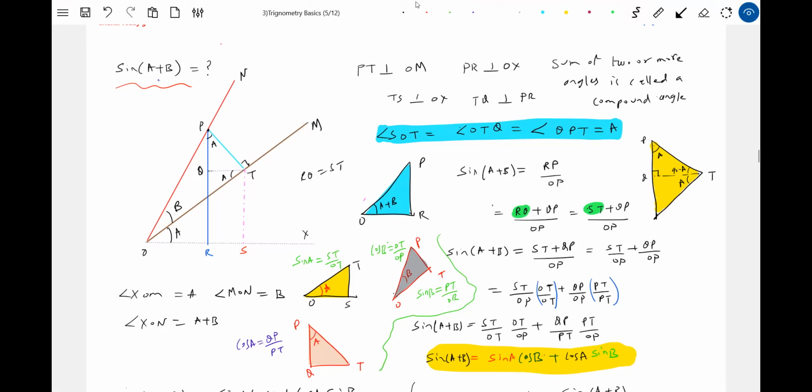Sin of A plus B is equal to sin A cos B plus cos A sin B. It is again an identity, not just a formula. It is derived using coordinate geometry with the help of triangles. When you're learning, learn the reason, not just the formula.